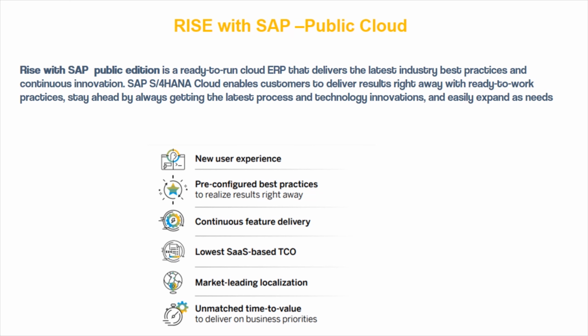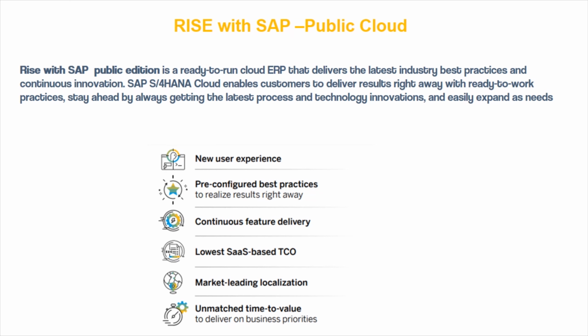For example, for each process there are scope IDs which will be activated based on the client's needs. Say the client has make to order, the relevant scope ID can be activated. So it's a flexible solution based on the client's needs, and the client can adapt the process to meet their business needs.